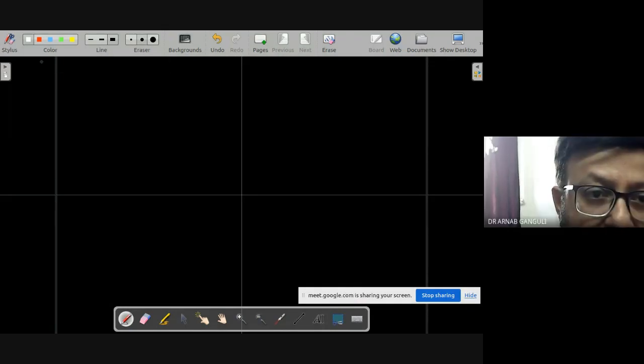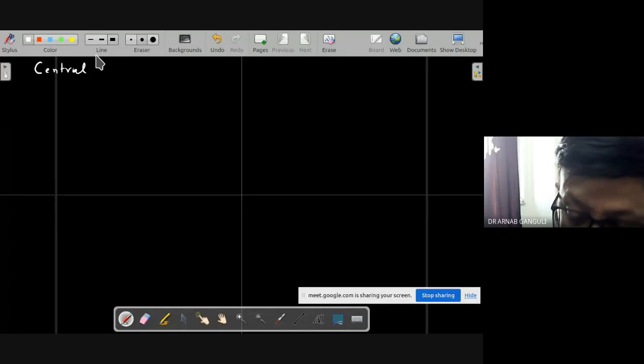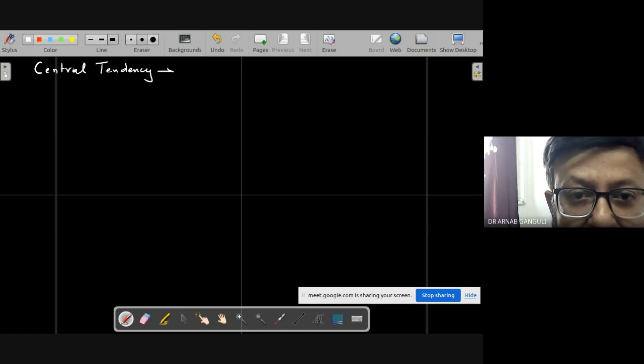So central tendency, or measures of central tendency. What are the measures of central tendency? You know them.